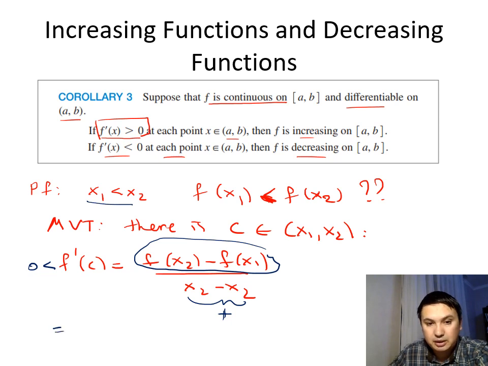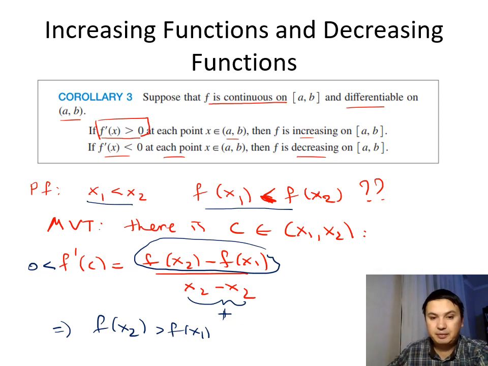So this implies that f of x2 must be bigger than f of x1, so f is increasing. In the second case, if f prime was negative, then we would get the opposite inequality, in which case we would get a decreasing function. So that's a very simple application of the mean value theorem.